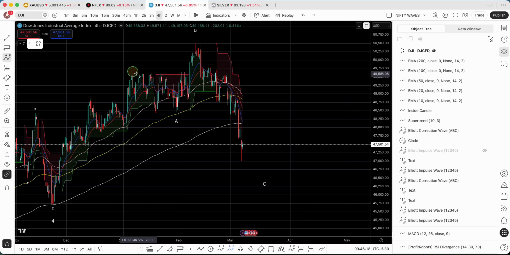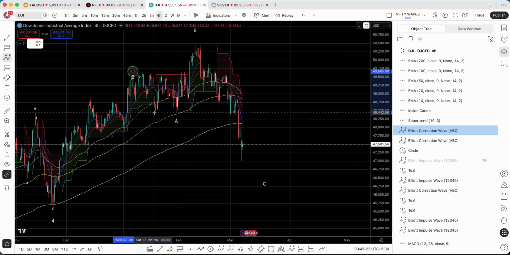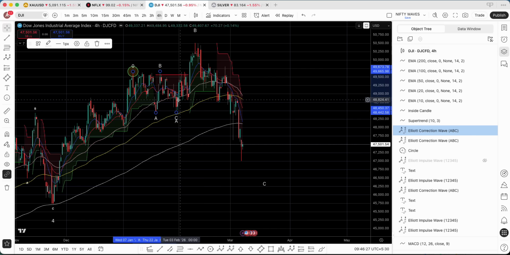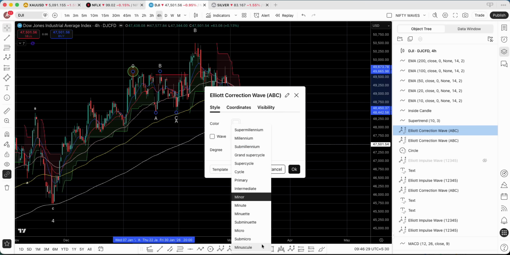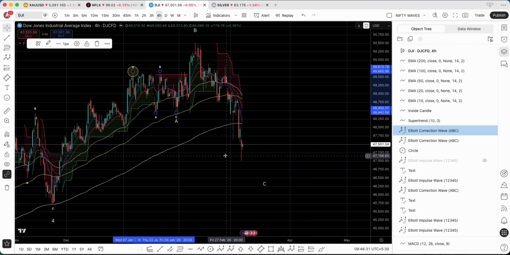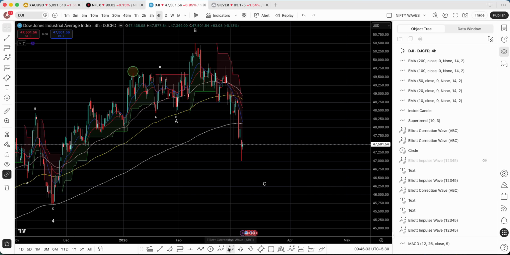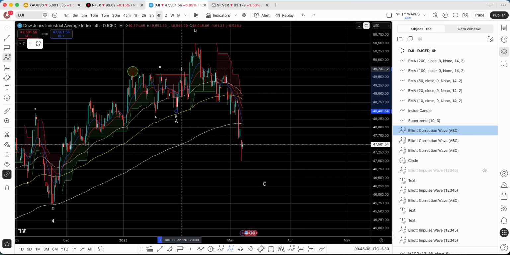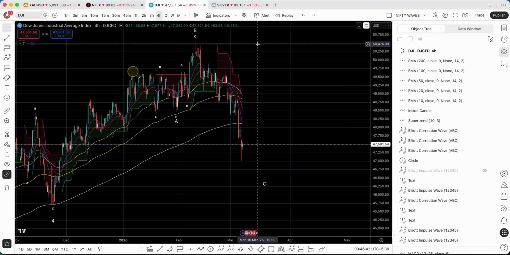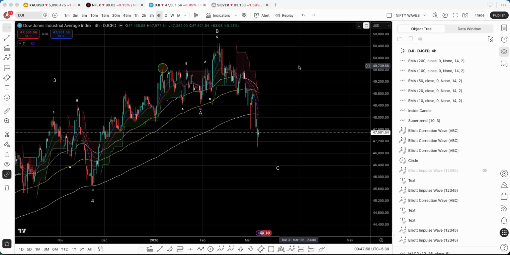So if this is where the impulse ended, you've got A, B, C, but on a smaller time frame. And again, you've got an A, B, C. We now need to just count out 5 waves going down to mark C.